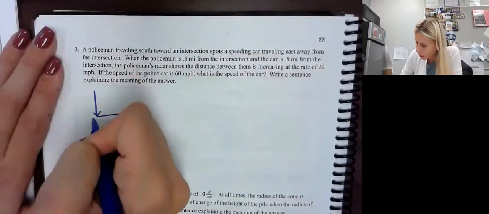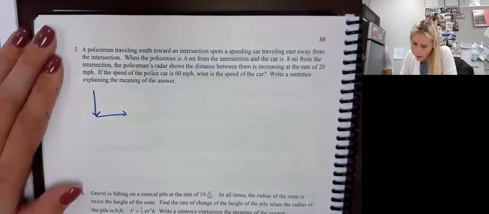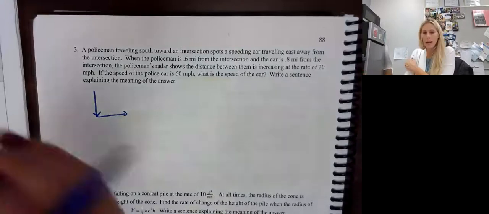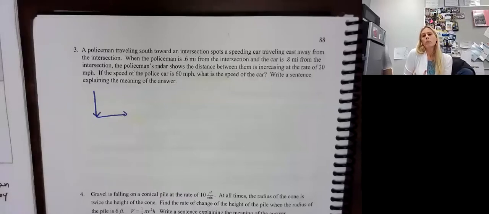He sees the car going this way as it's passing, okay? So you can either use X and Y just to keep it consistent, or you can use, in this case, P and C. I like consistency, so I'm going to use X, Y, and Z. You just have to remember where the police car is from the speeding car, okay?